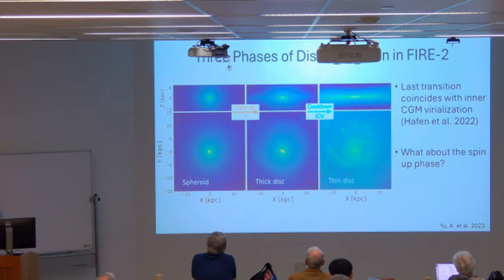So James talked to a large extent about this transition, and it corresponds, as was found in a series of studies, with the virialization of the inner circumgalactic medium. But what about this transition? The initial spin up of the spheroidal protogalaxy into a hot thick disk. And this is what I will be introducing and talking about.